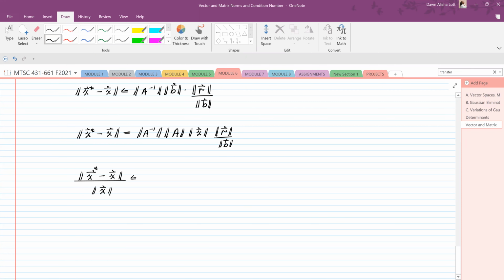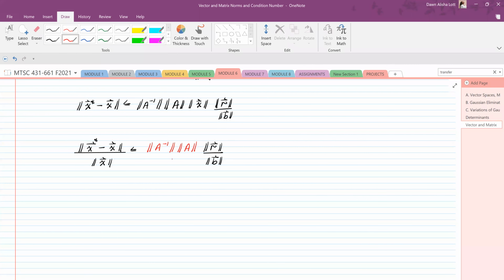And that is less than or equal to this number, the norm of A inverse times the norm of A, times the norm of r over the norm of b. So this little guy right here is the condition number. This little guy over here is the relative error.